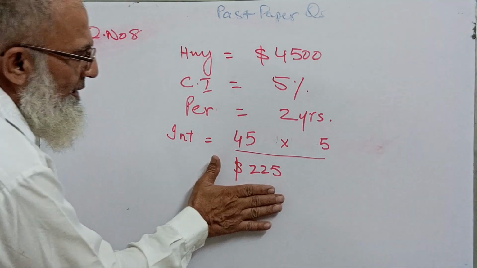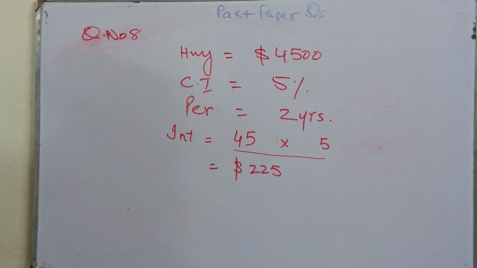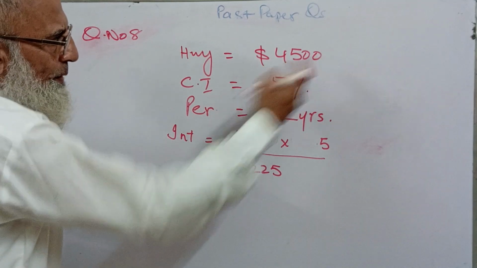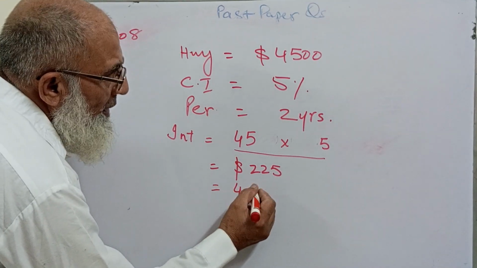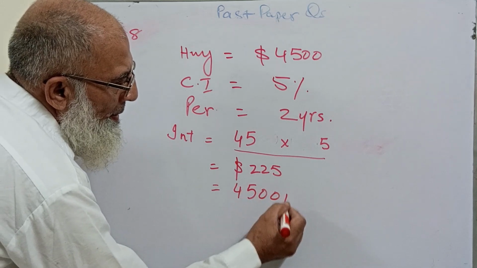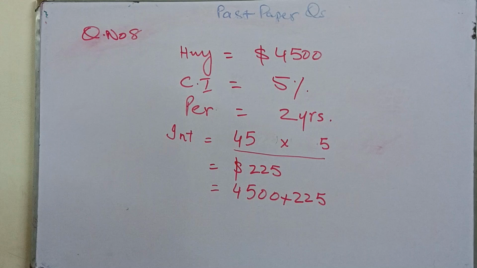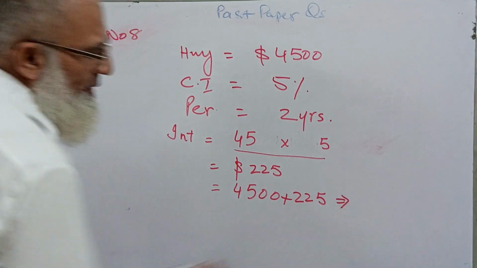We will add this interest to the principal amount. Now this is called principal amount. This was our principal amount for the first year. Now it will be risen to this. Now, what has become? Simple addition.